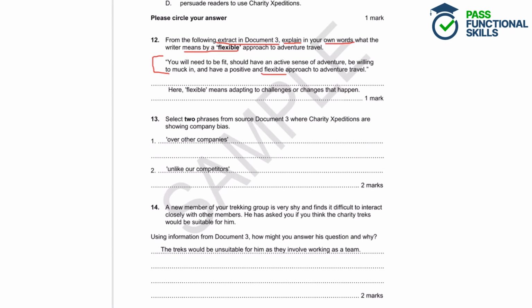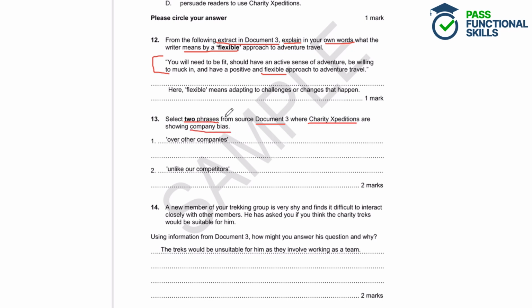Question 13. Select 2 phrases from document 3 where charity expeditions are showing company bias. So in this question, we're looking at document 3 and we want to find 2 phrases from the text, so 2 quotations, that show charity expeditions showing company bias.